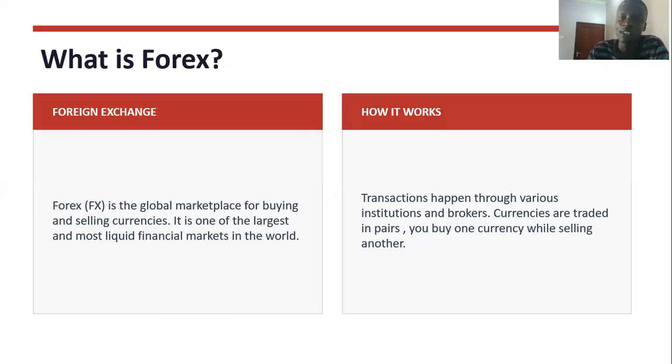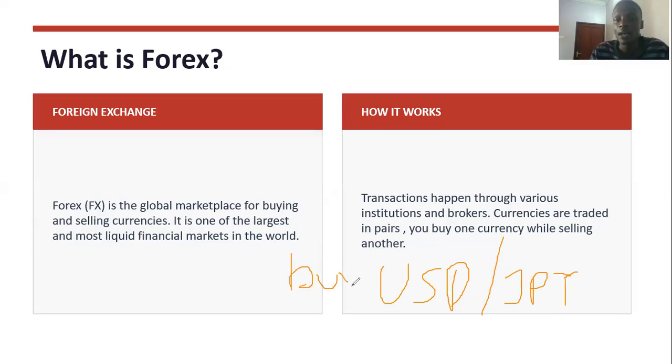So you buy one currency while selling the other. Let me give you a good example of a currency pair called USD/JPY. If I say buy USD/JPY, I am buying the USD and I am selling the JPY.